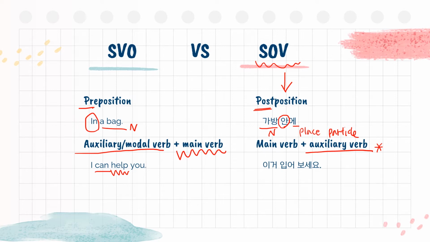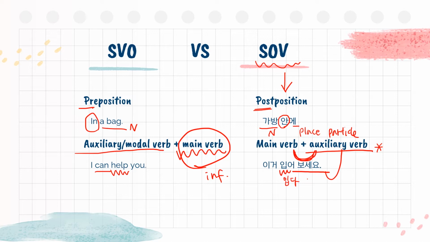Try this on. 입다, the main verb, is located in front of the 아어보다, auxiliary verb. Oh, and one more thing. In English, the main verb is infinitive, but in Korean, it is combined with auxiliary verbs.